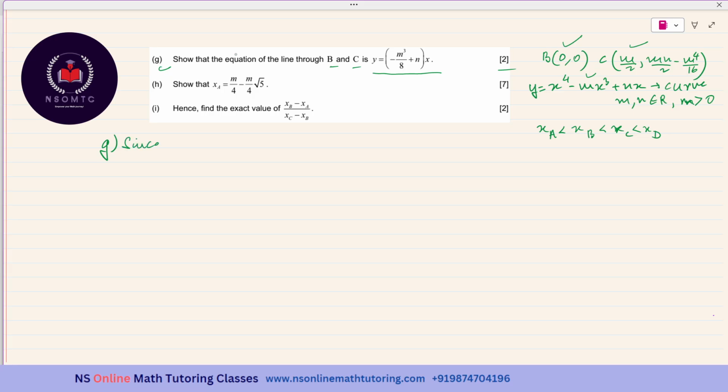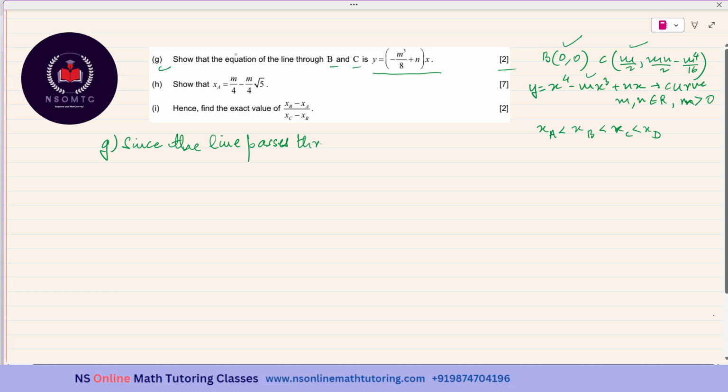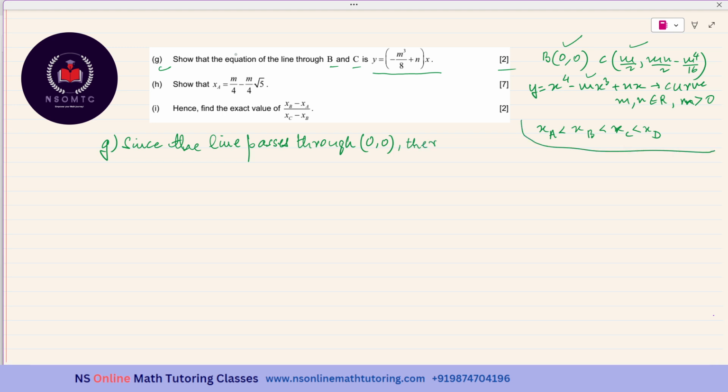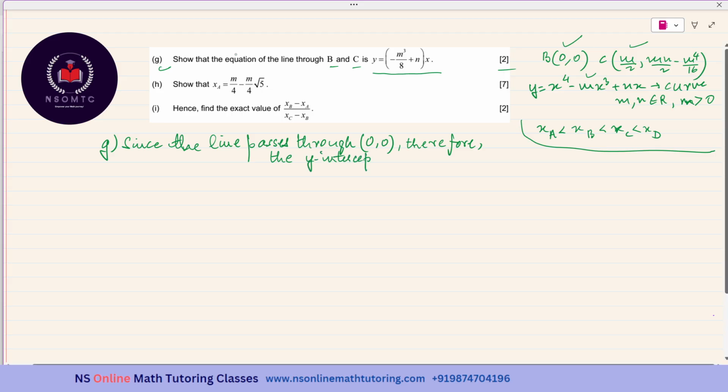So since the line passes through 0, 0, therefore the y-intercept is 0.